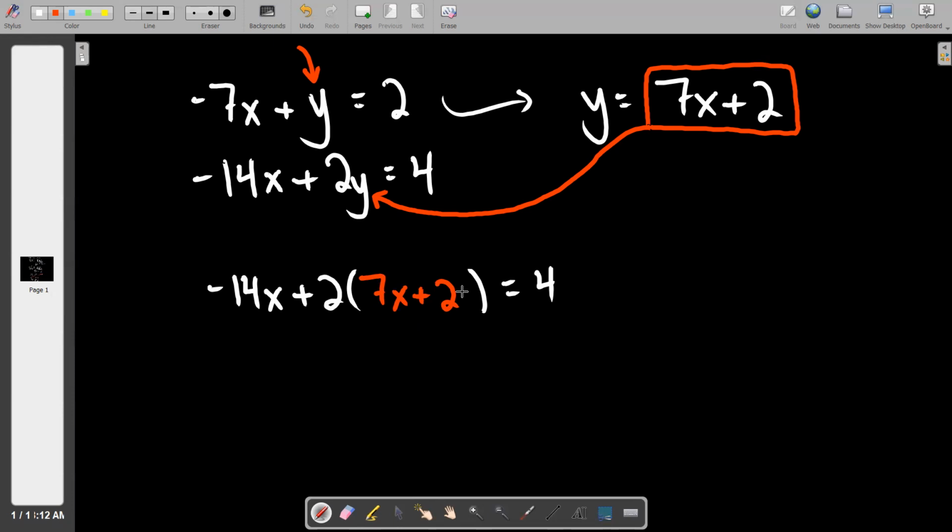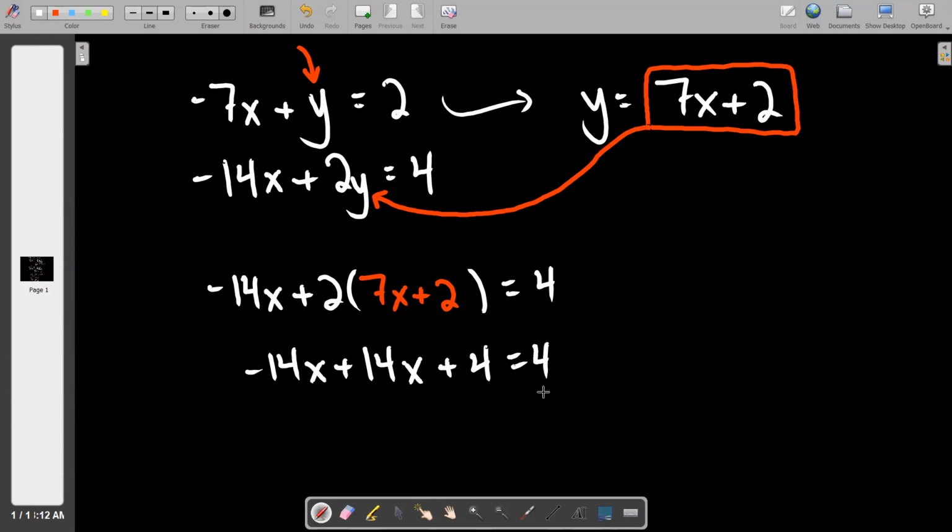You might be doing Snapchat with your left hand on your phone while you're solving this system. I don't know. And you're just rocking through. Here we go. When we distribute, we get negative 14x plus 14x plus 4 equals 4. And it just happens.